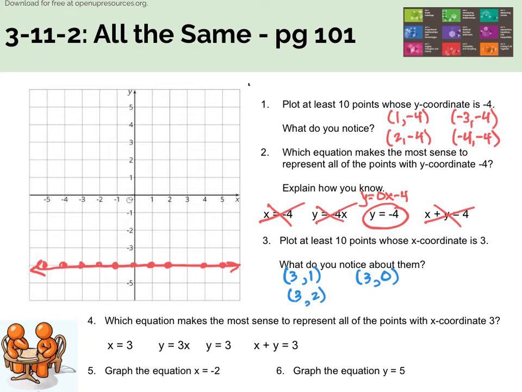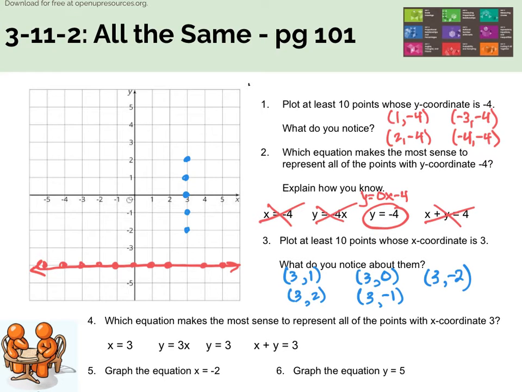Let's say I have -1 for my y, my x is 3. What about -2 for my y? My x is 3. So you kind of see what's going on. We have 3 and 1, 3 and 2, 3 and 0, 3 and -1, 3 and -2.